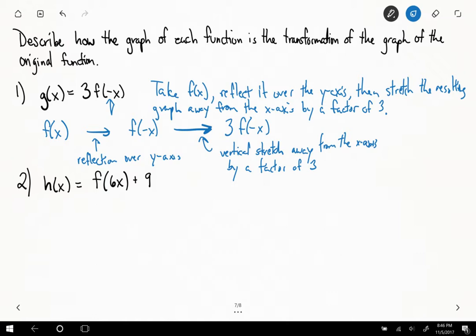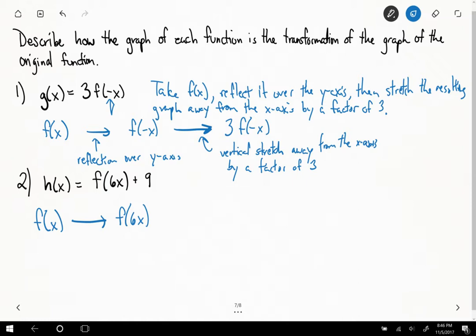So let's take a look at our next one, see what happens. So we want to begin with some f of x. What's the first thing that we can do? Well, it's not going to matter too much on our order, but hopefully we can take care of that 6x. What does that do?